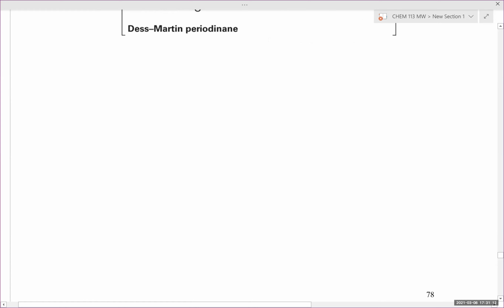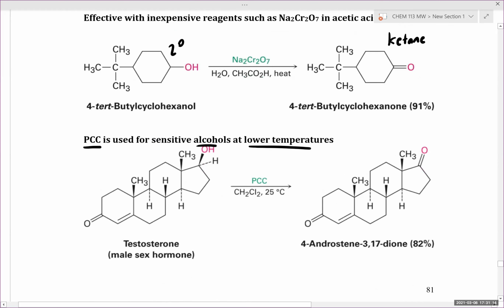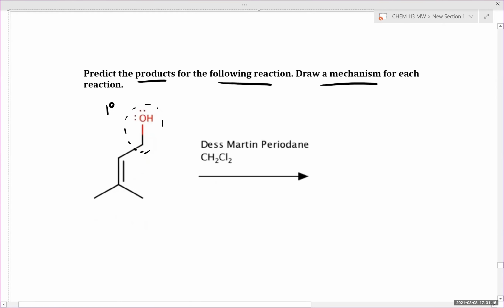Let's just redraw that really quickly. So this is a classic hypervalent iodine reagent.